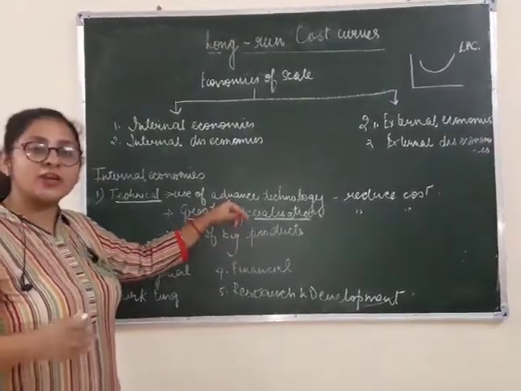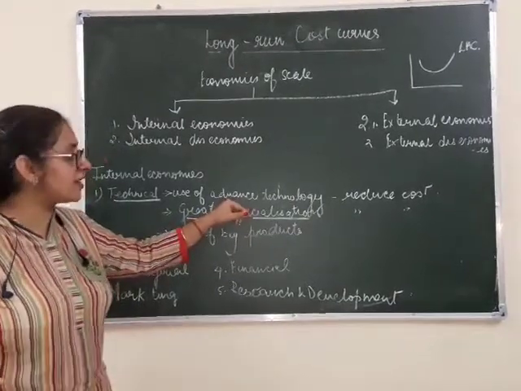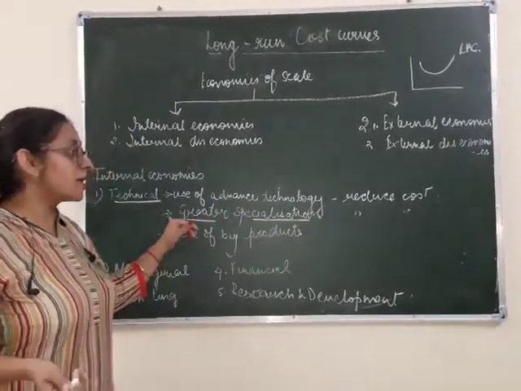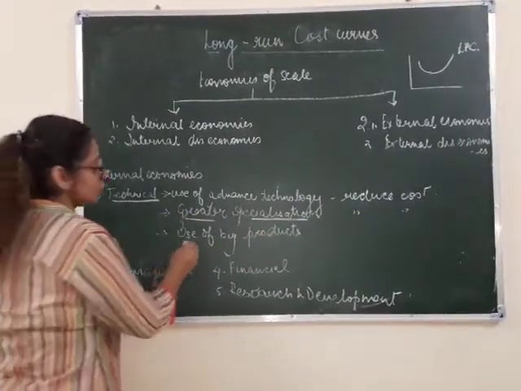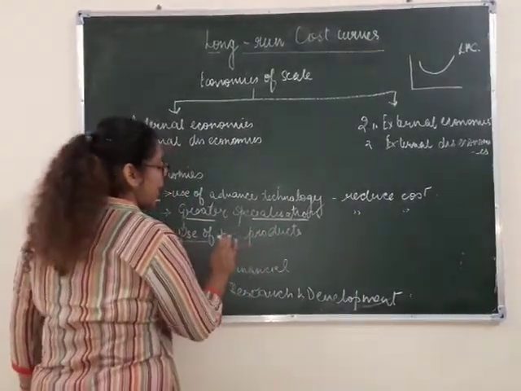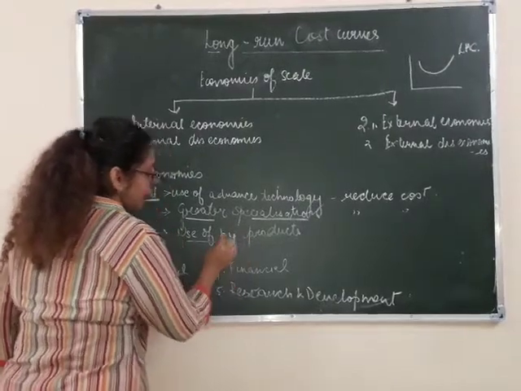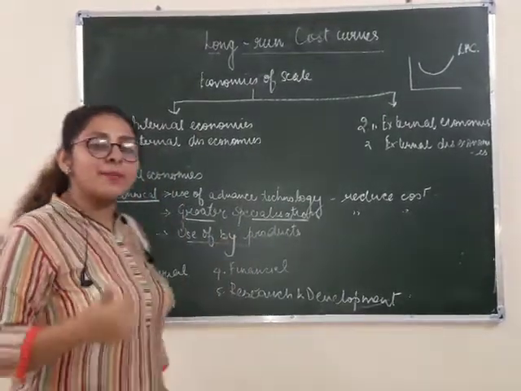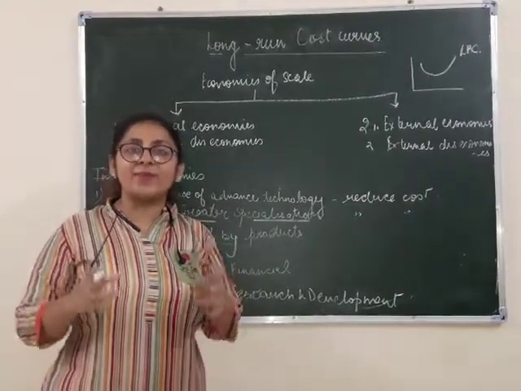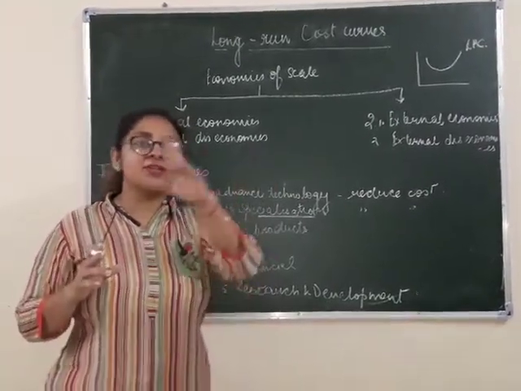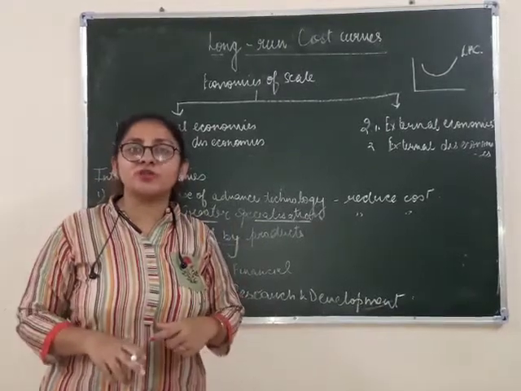First one is buying new, advanced machinery, which reduces the cost. Second is greater specialization. And third is the use of byproducts. Byproducts means, for example, when a company is producing ready-made shirts, obviously there will be scrap. After cutting the shirt, some waste will also be there.